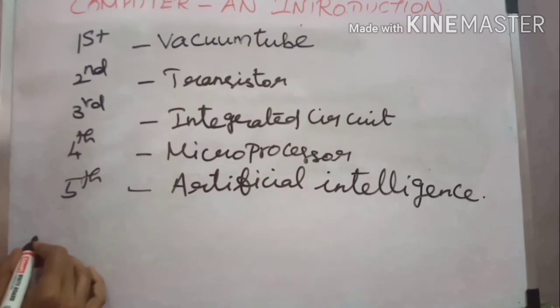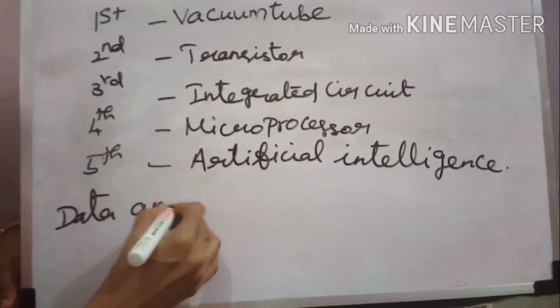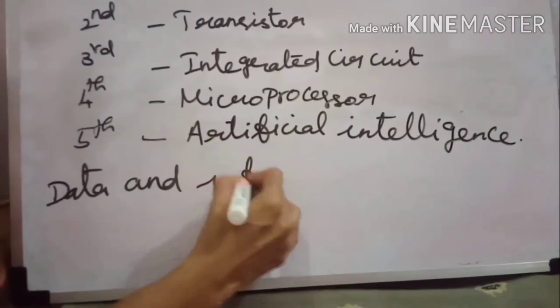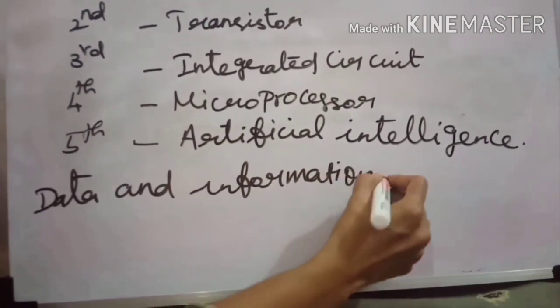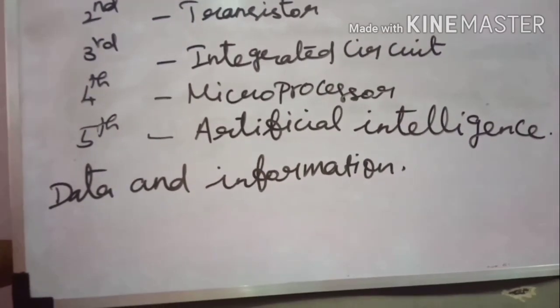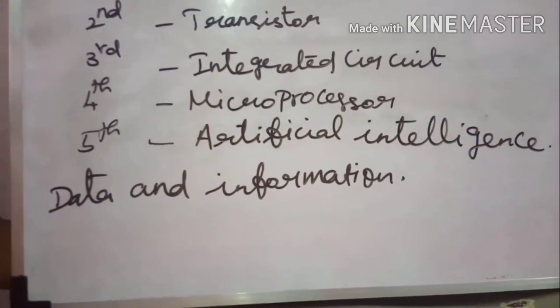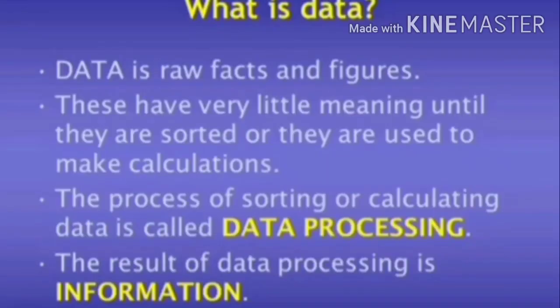Now we see about data and information. Data and information are the two important elements in the computer. Data is the information that has to be processed.